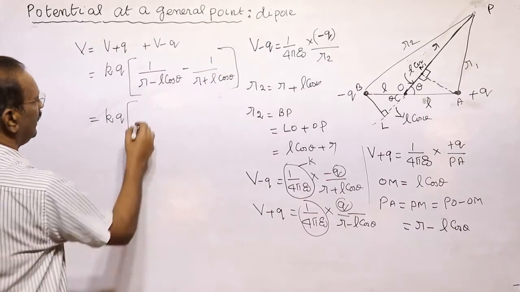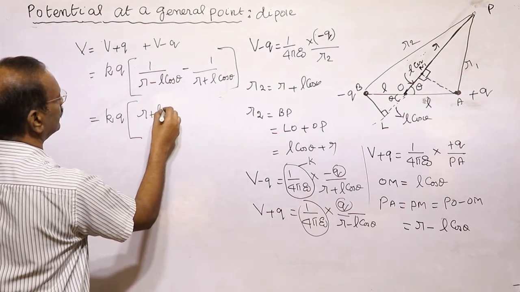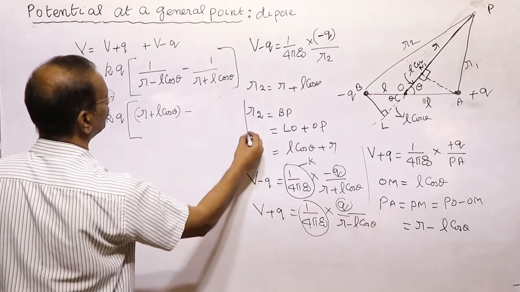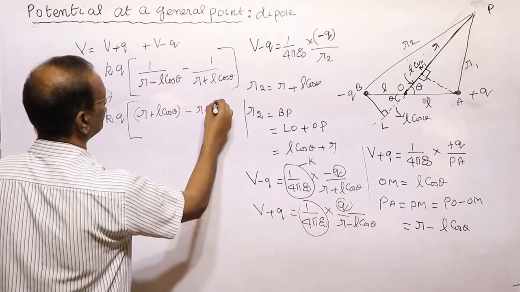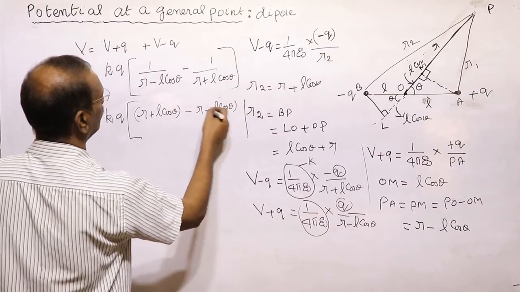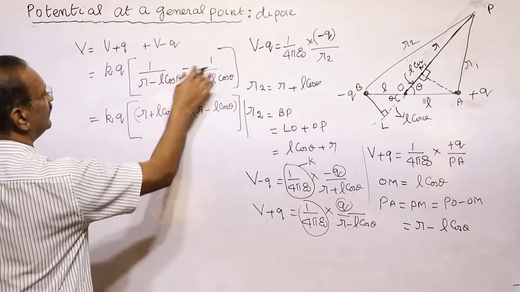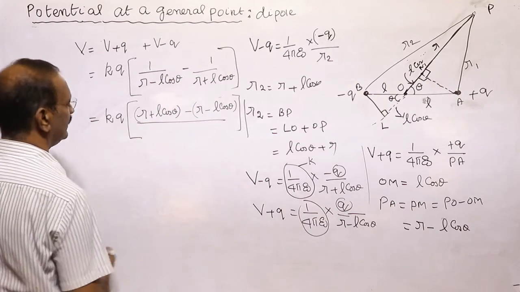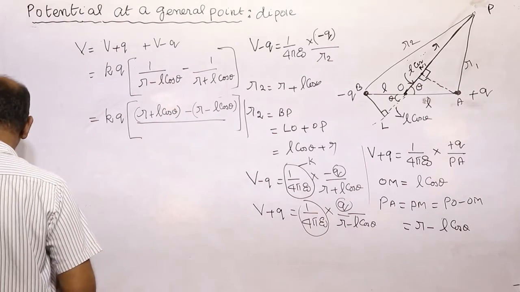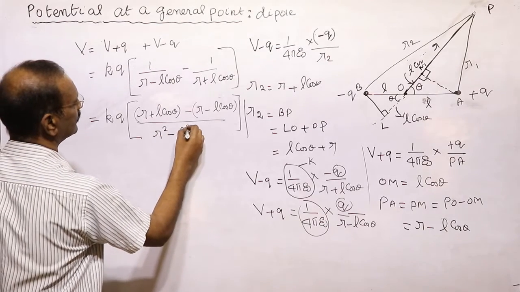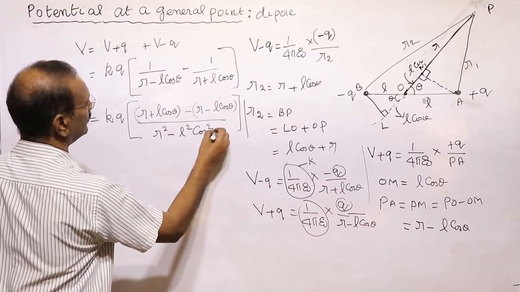So now we can write R plus L cos theta minus R minus L cos theta. If we cross multiply this, the denominator will become r square minus L square cos square theta.